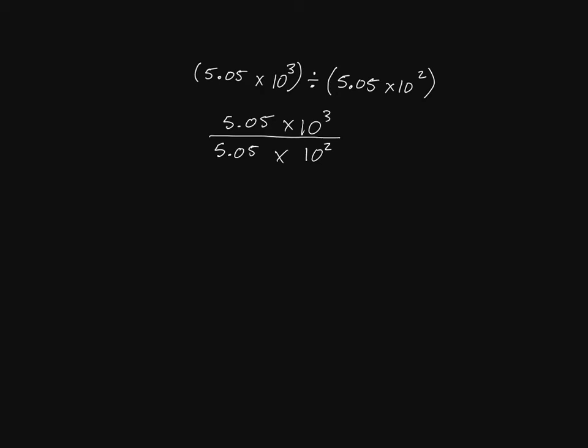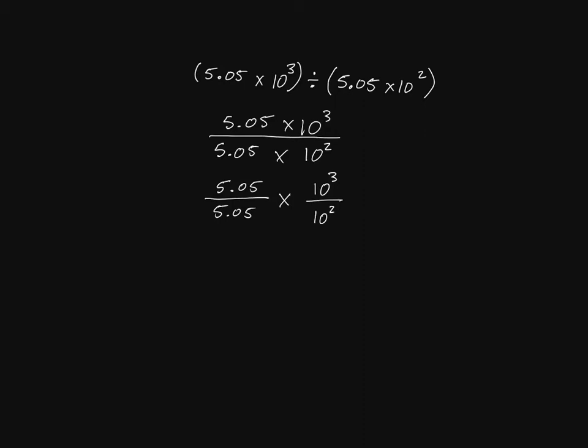Okay, now that we have it like this, I'm actually going to split these two fractions. So I'm actually going to rewrite it as 5.05 over 5.05 times 10 to the third power divided by 10 to the second power.